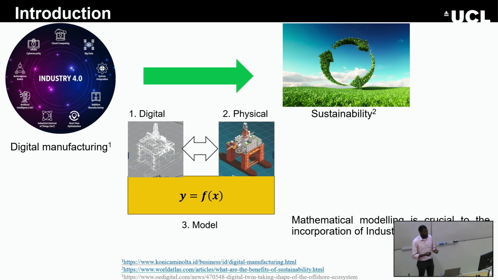Particularly, we are interested in digital twin technology, which is a replica of a physical system. And for this technology to work, it relies fundamentally on mathematical modeling, just like most other Industry 4.0 technologies rely on mathematical modeling.